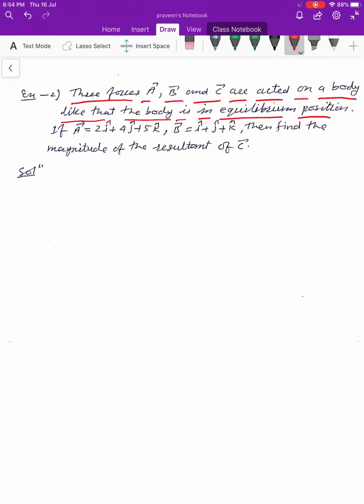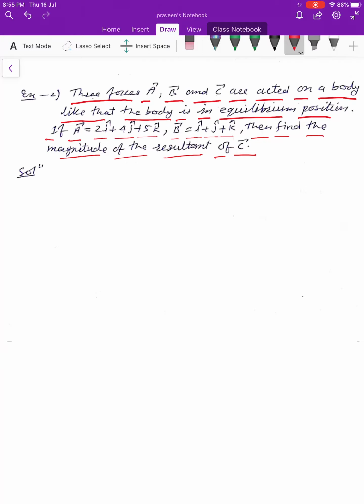In equilibrium position, the sum of the forces is equal to 0. If vector A is equal to 2 i cap plus 4 j cap plus 5 k cap and vector B is equal to i cap plus j cap plus k cap, then find the magnitude of the resultant of vector C.